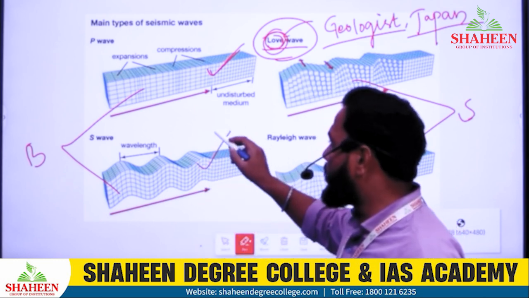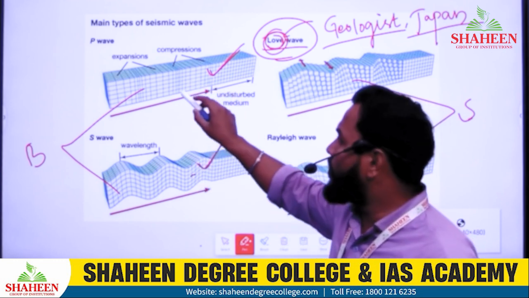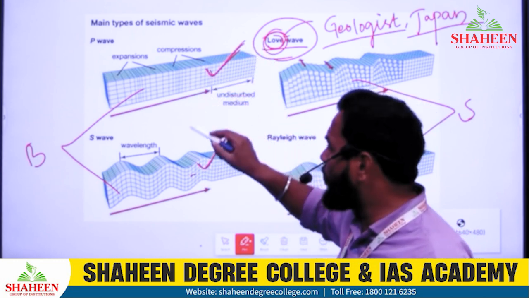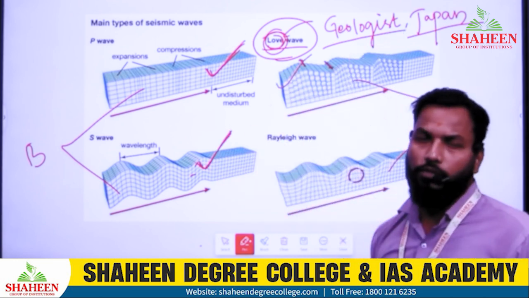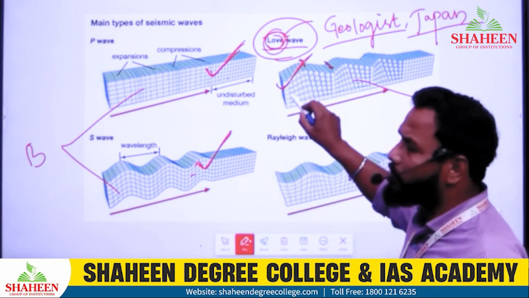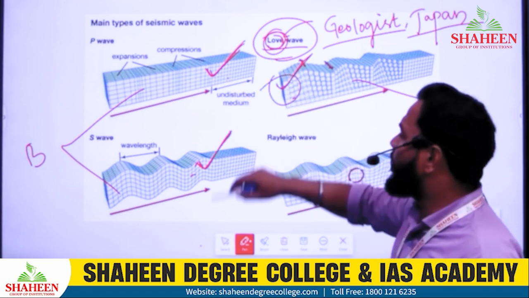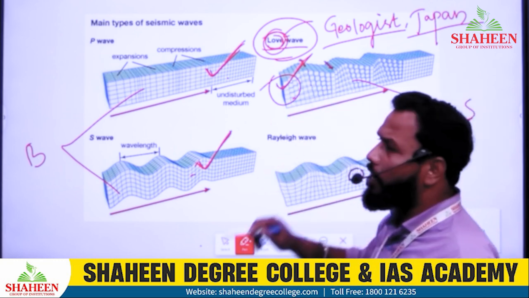That is your secondary wave, far more dangerous than the primary. This one is less harmful, this is medium harmful, and this is the ultimate harmful. The third wave hits the surface and brings the entire destruction.